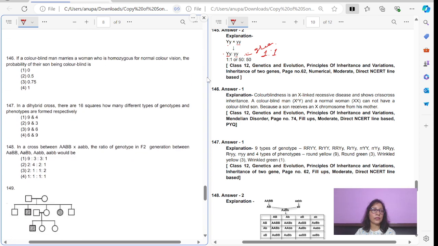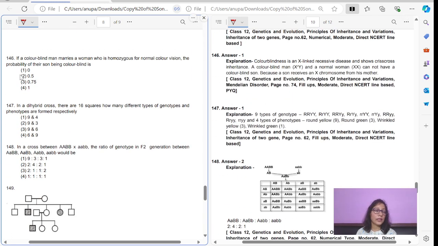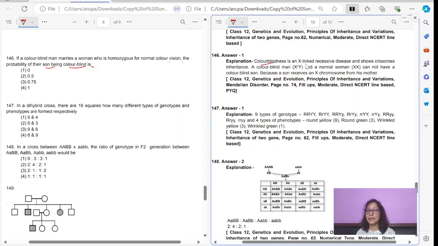Now let's move to the next question, that is 146. This question states that if a color-blind man marries a woman who is homozygous for normal color vision, the possibility of their son being color-blind is. So we know that color blindness is an X-linked recessive disease and it shows criss-cross inheritance.